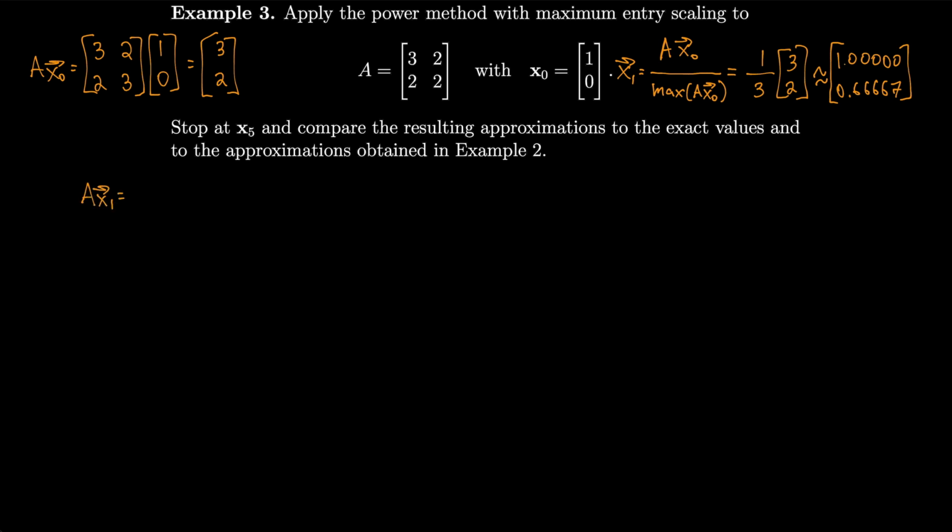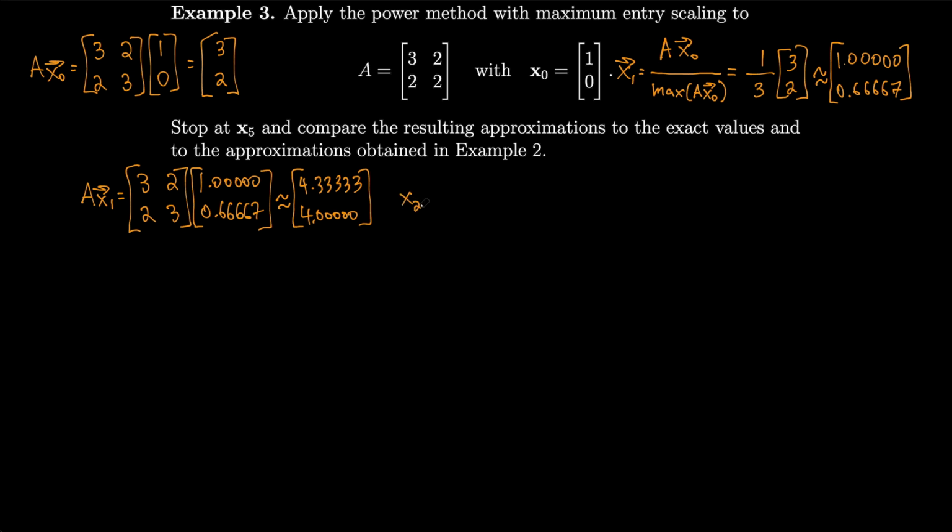So now let's get Ax1 and so on. So Ax1, we'll get [3, 2; 2, 3] times [1.00000, 0.66667], and that gives us [4.3333, 4.0000]. x2 would be given by Ax1 divided by max Ax1.